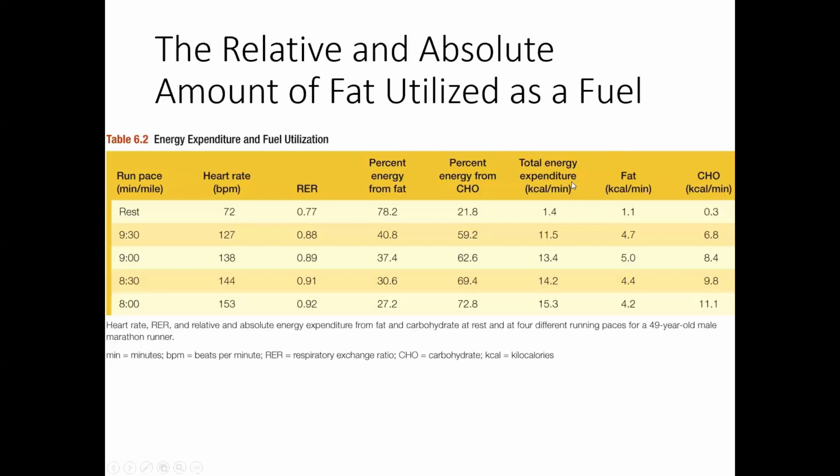The most important thing here is that you went from 1.4 calories a minute at rest, and that's the scary thing, we don't burn that many calories at rest, all the way up to 11.5 calories a minute at a 9.5 minute per mile pace, all the way up to 15. I've seen people burn 20 calories a minute, but that is during near maximal exercise.